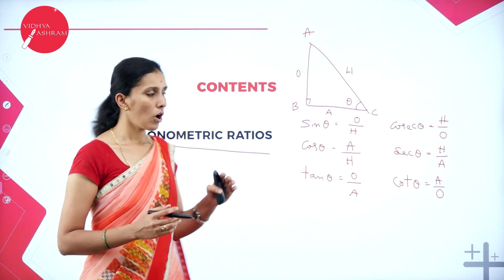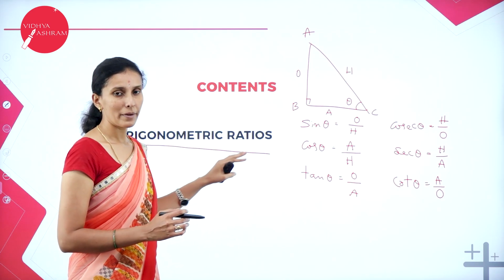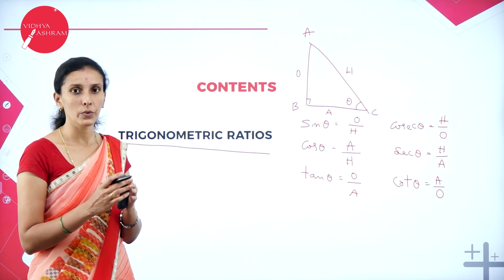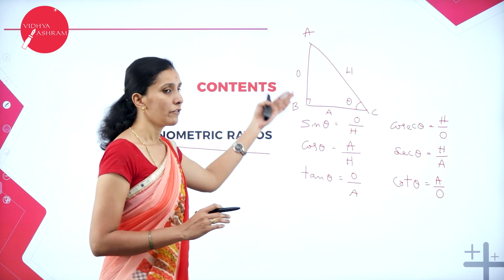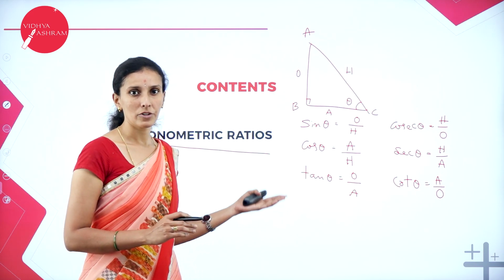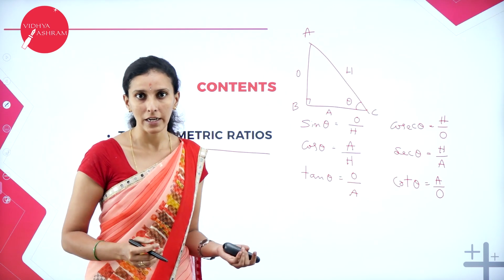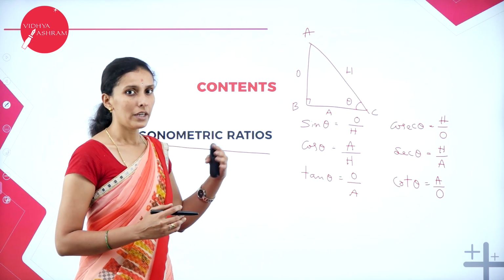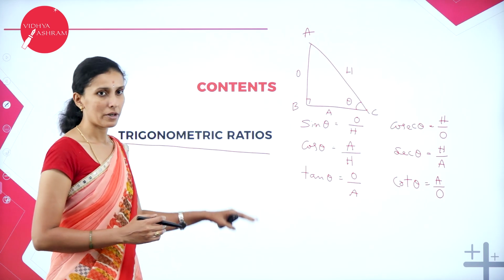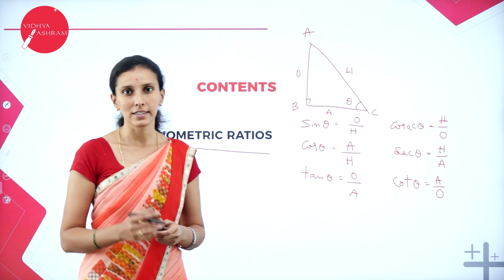From now on, you are going to study all these trigonometric ratios in terms of a unit circle. Why? Because we are studying trigonometric values of angles in terms of radians.